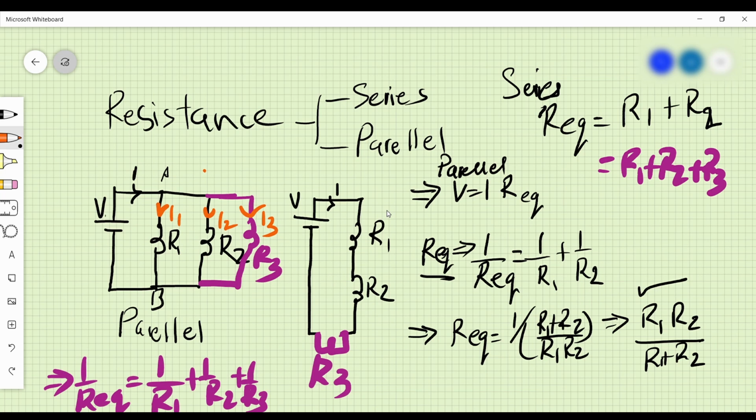And for the same thing, we can look here. In the series circuit, the current flow will be the same because it's the same line of flow; it's not branching out. But here the voltage divides. If we say R1 I equals V, and if you see, this doesn't match, right?